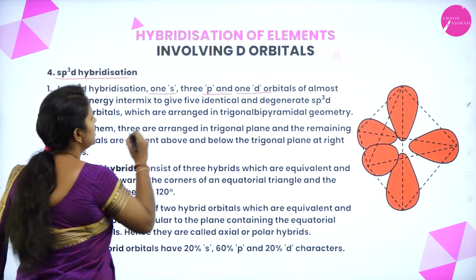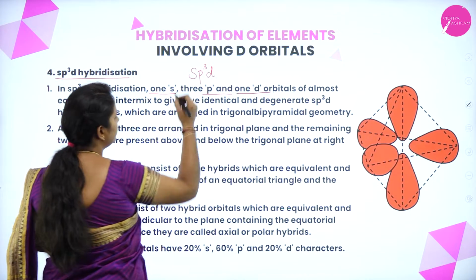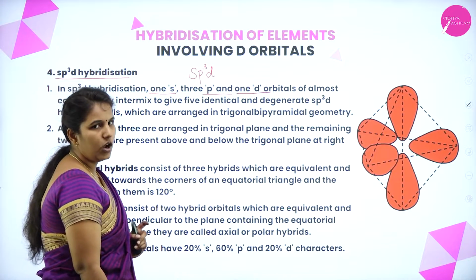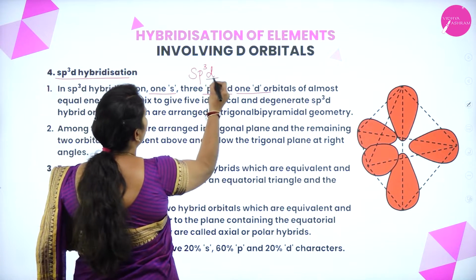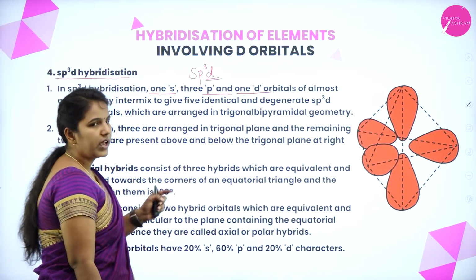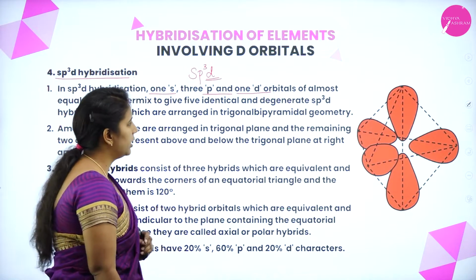Only 1. Hence, it is named sp3d. You can see that there is an involvement of d orbitals in sp3d hybridization.